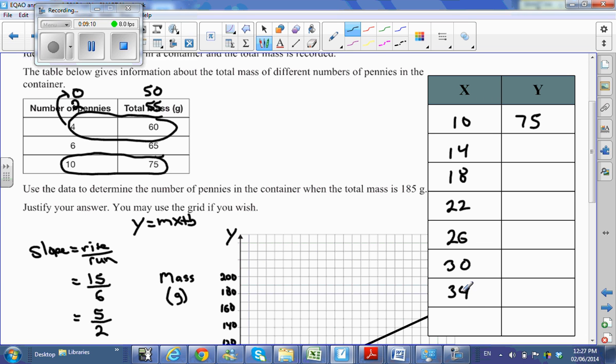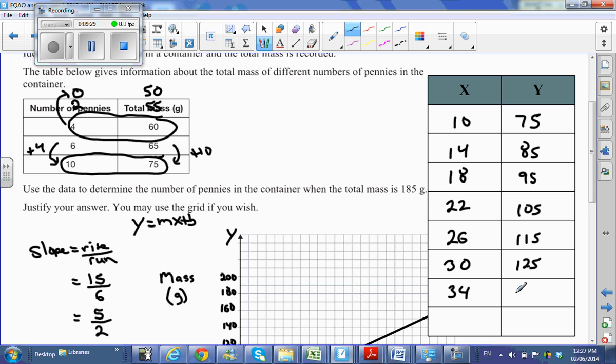We're almost there. Not quite, really, but we get 85, 95, 105, 115, 125. And again, the reason I'm going up by 10s is when they jump by 4 here, they jump by 10 on this side.